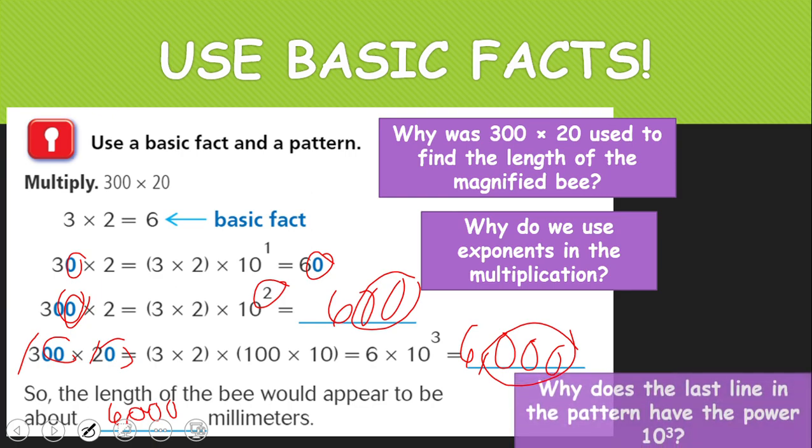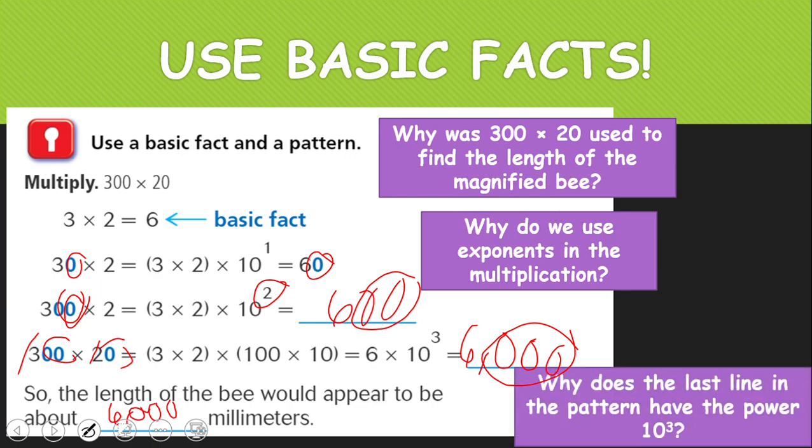Why does the last line in the pattern have the power of 10 to the third power? You should have noticed that is because the 20 over here has a 0. Okay, 20 could be considered 2 times 10.